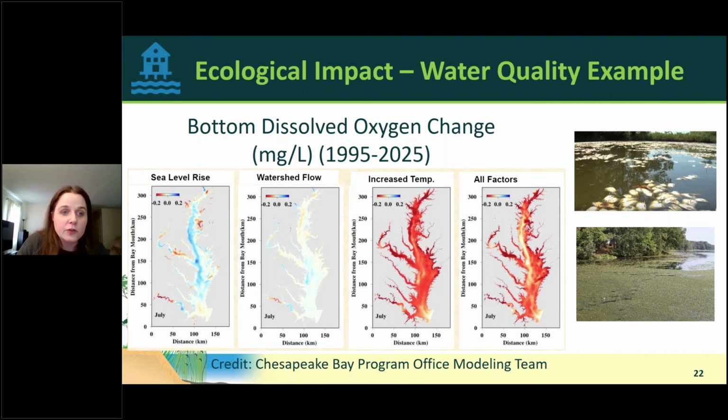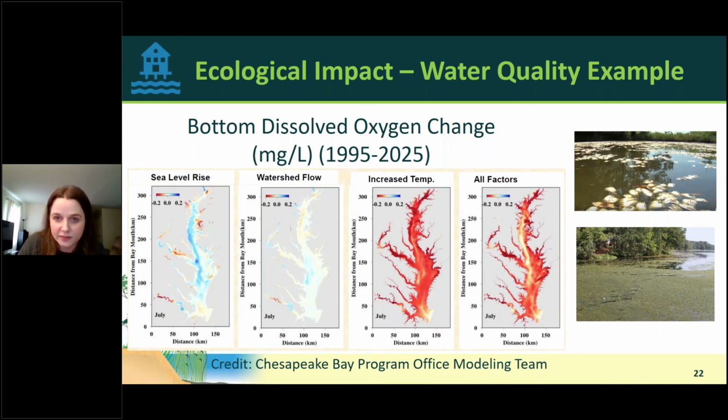And so with sea level rise, if you look at the blue color, they actually saw an improvement in bottom dissolved oxygen. Same with watershed flow. In some areas, a slight improvement in these bottom waters. But that was all overshadowed or overwhelmed by increasing temperatures. So when you look at all factors together, because of the increasing temperatures, we have very few areas that are going to be positively influenced by climate change.